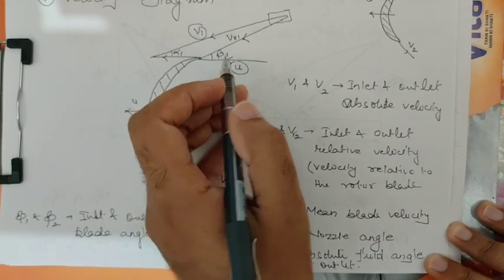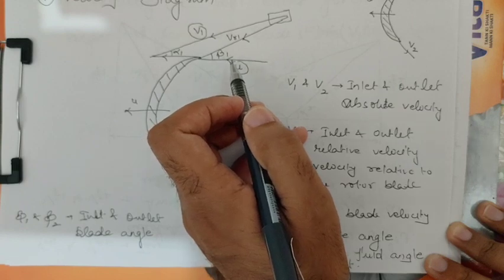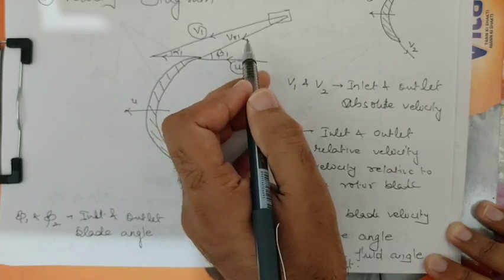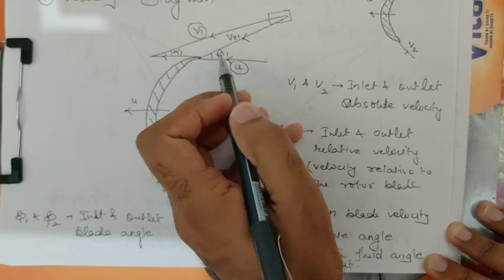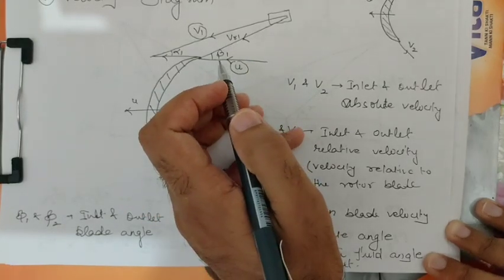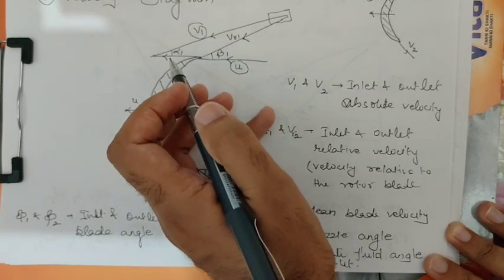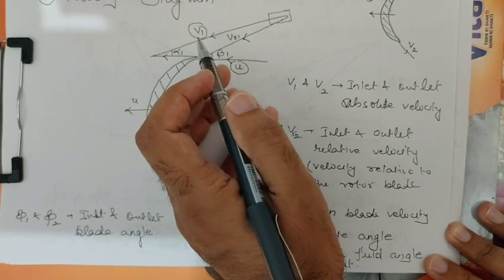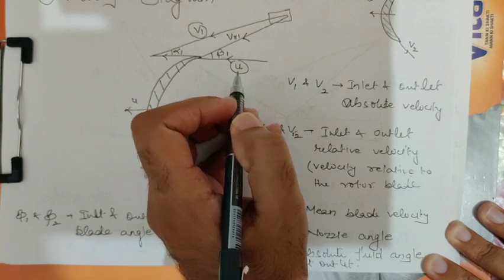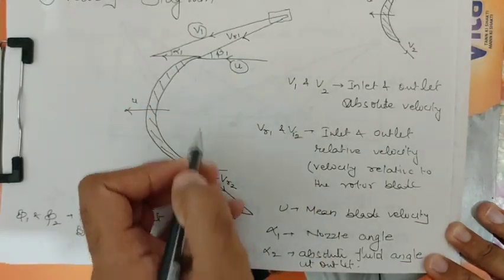This beta 1 is the inlet angle of blade at which the relative velocity is striking the profile blade. So this is beta 1, that is the inlet blade angle, alpha 1 nozzle angle, V1 absolute velocity of the steam. This U is the mean blade velocity, VR1 is the relative velocity with respect to the rotor blade.